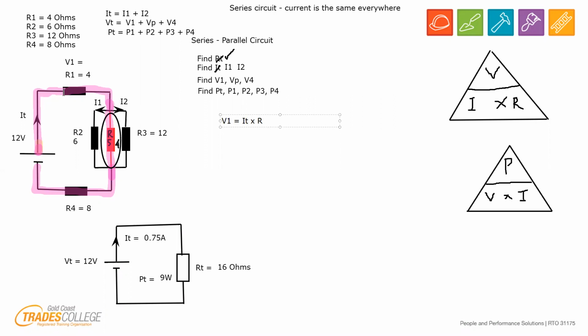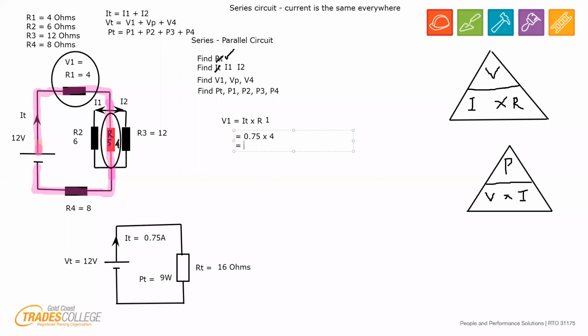Which resistor are we looking at? We're looking at this resistor here, so we're looking at R1. So V1 equals IT times R1. Underneath, let's put some values in. We've got 0.75 multiplied by R1, which is 4.